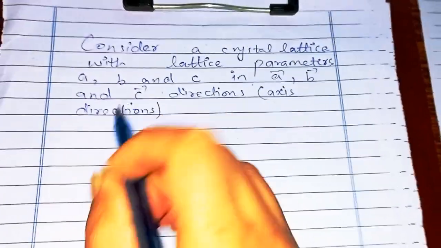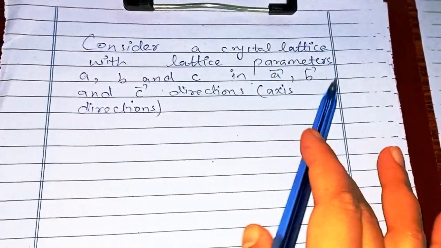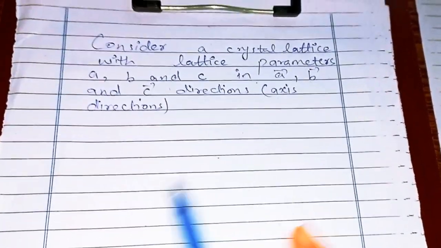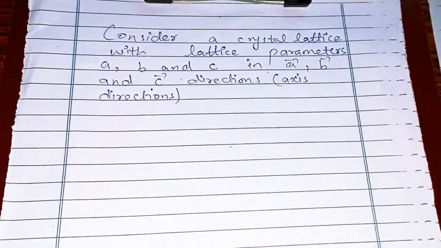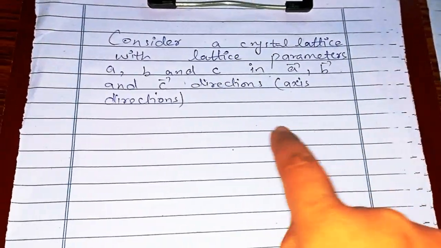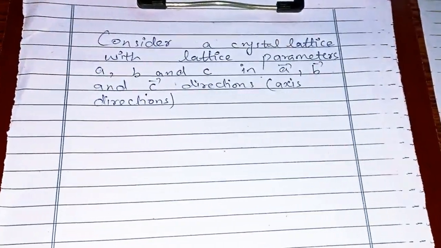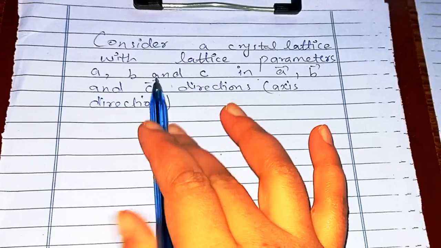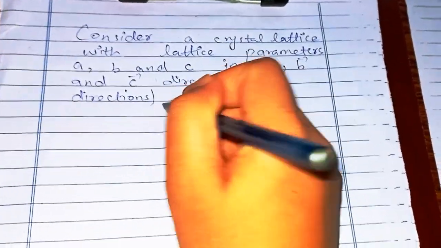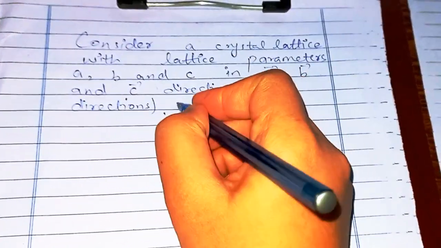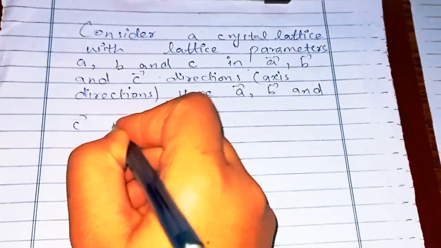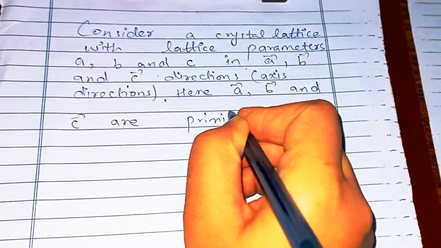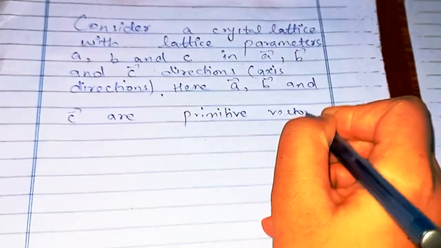It is similar to saying that A, B, C are the lattice parameters in the X, Y and Z directions, since we are considering the primitive vectors that are really important when we are comparing the reciprocal lattice and the direct lattice. So you need to consider A, B, C instead of X, Y and Z here. And here we need to mention that A, B and C are the primitive vectors for the direct lattice.